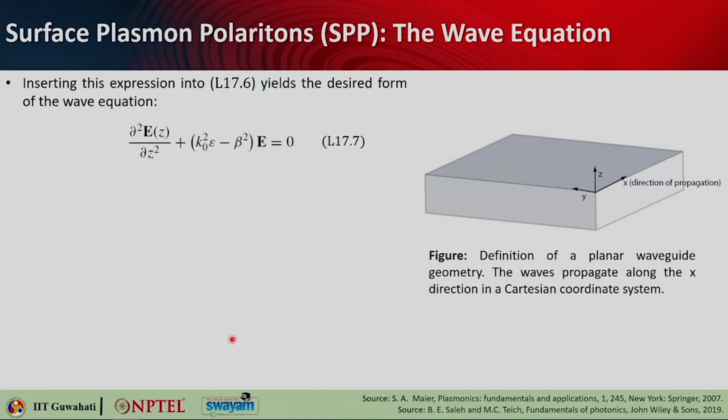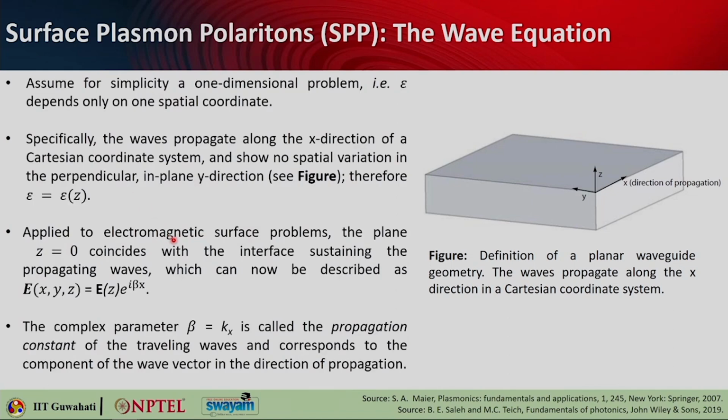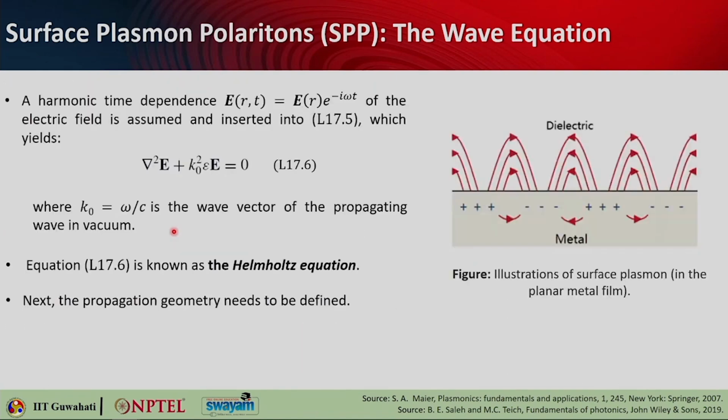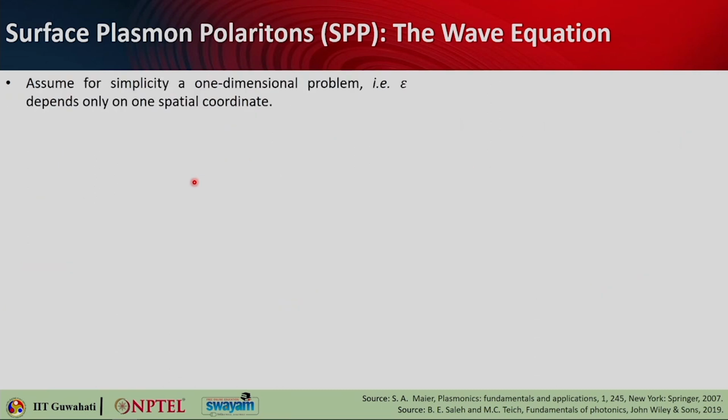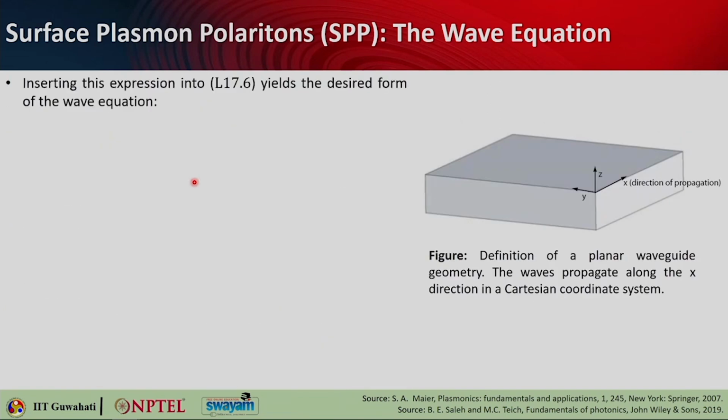If you take that and put this into the previous equation, you get this form of the wave equation. Now you are very specific about del square E, because E is now only in the z direction, and the propagation constant is only along the x direction.